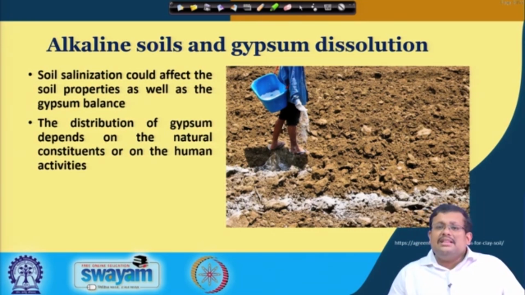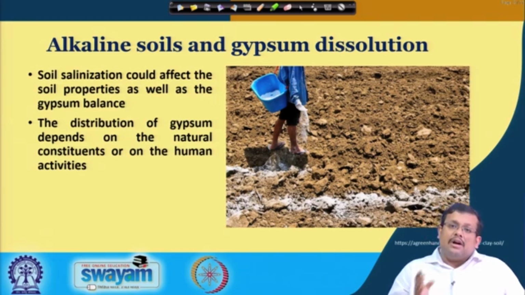So, these alkaline soils need to be reclaimed. For the reclamation of these alkaline soils, the farmers generally use gypsum, which is calcium sulphate dihydrate, since the salinization or alkalinization could affect the soil properties as well as the gypsum balance. So, the distribution of gypsum depends on the natural constituents or on the human activities.